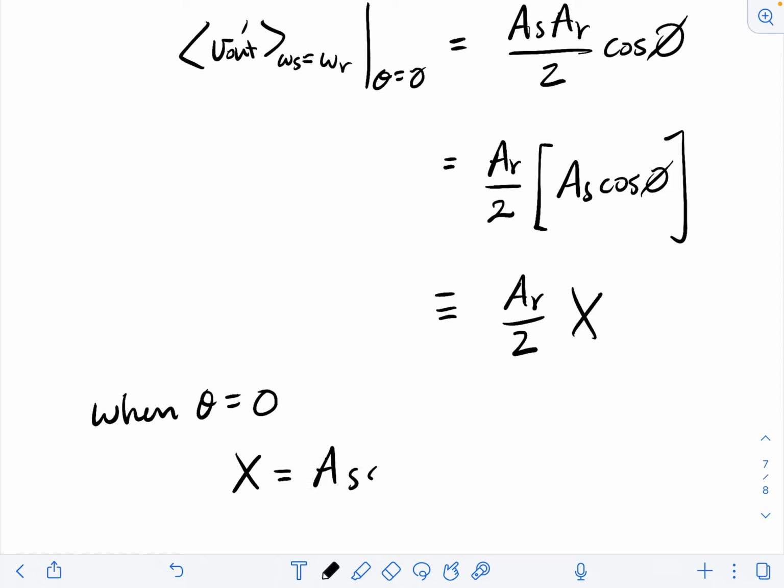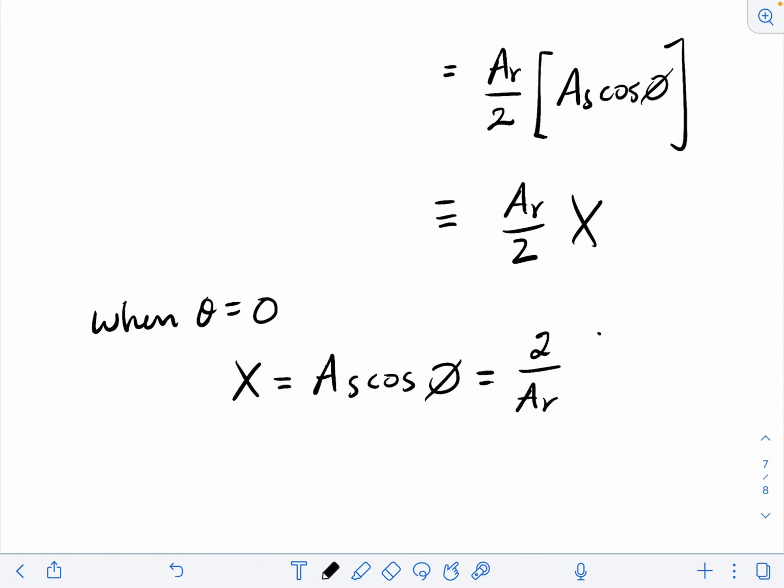And the way that the lock-in detector would actually calculate that is it would take advantage of the known amplitude of the reference signal, and it would use what it's calculated in this way. And so here's one of our first really important results.